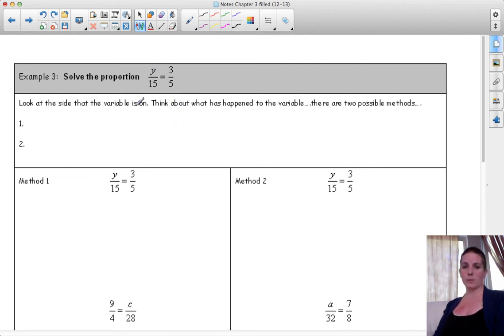Look at the side the variable's on. Think about what has happened to the variable. There are 2 possible methods. The variable's on the left, and y was divided by 15. So we need to solve by multiplying by 15.